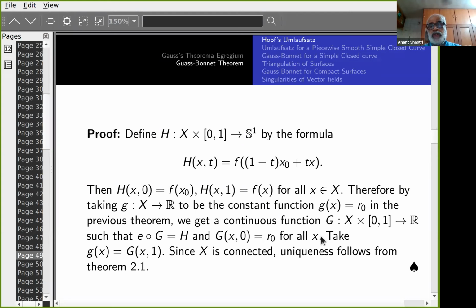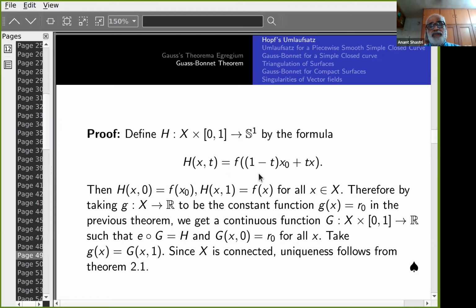Now you look at the other end. We may call it g or something; you have to distinguish between the g's, since this g is taken in the other theorem. Here I take g equal to G(x,1), the end point.